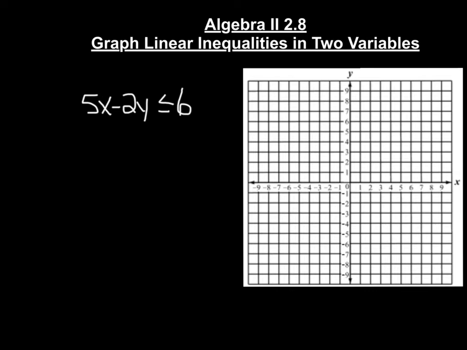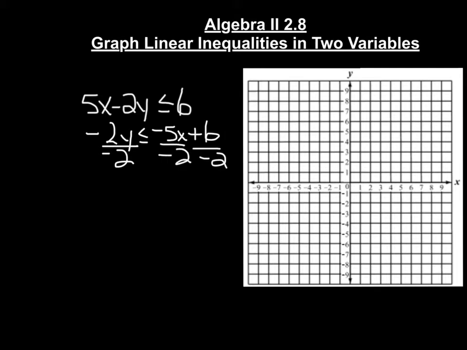So if we're going to solve for y in this, we need to subtract 5x from both sides, so we will have negative 2y is less than or equal to negative 5x plus 6. Now we need to divide by negative 2. When you divide by a negative, you need to change your inequality symbol. So when we divide by negative 2, every single term is going to be divided by negative 2.